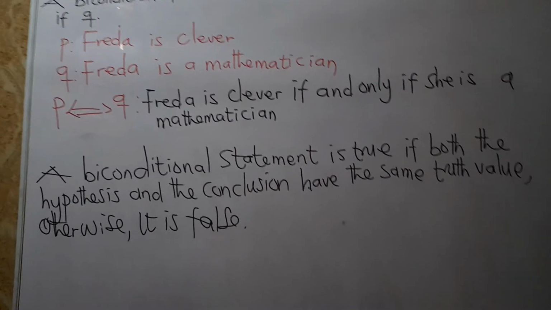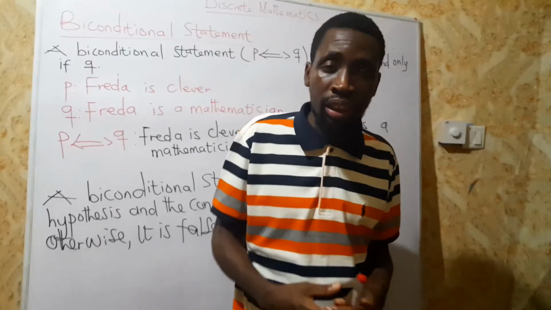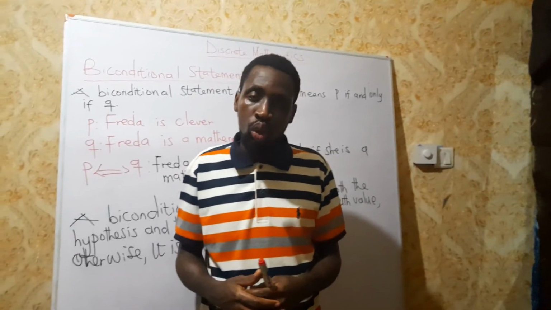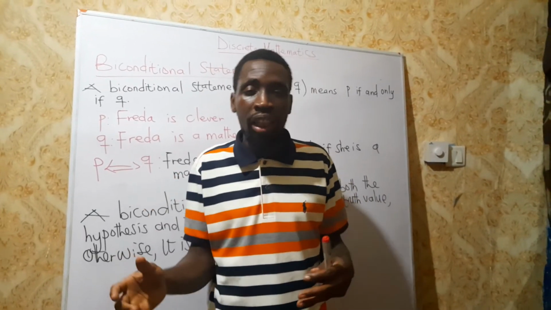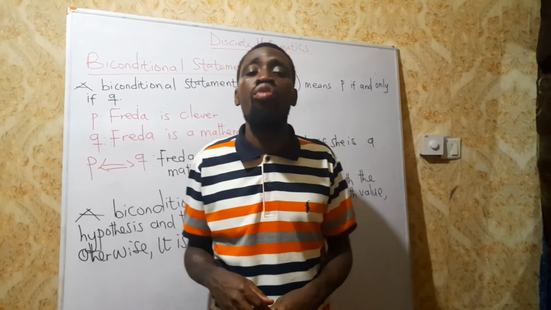What do we mean? When both the hypothesis and the conclusion are true, then the statement is true. When both the hypothesis and the conclusion are false, the statement remains true.